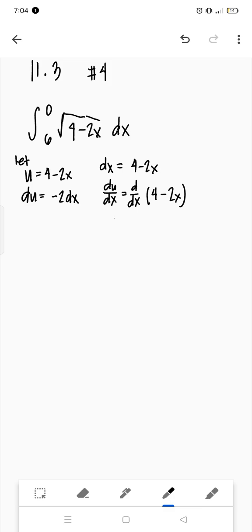So the derivative of our constant number 4 will be 0, and negative 2x will be negative 2, so it will become du is equal to negative 2 dx, and therefore we can put our negative 2 on the bottom part of du, so du over negative 2 is equal to dx.